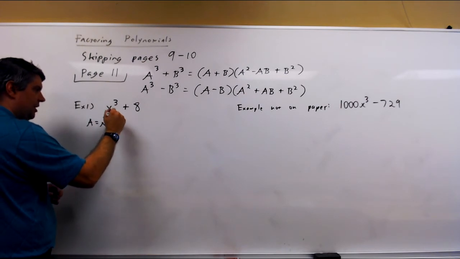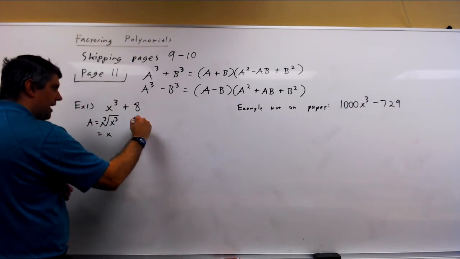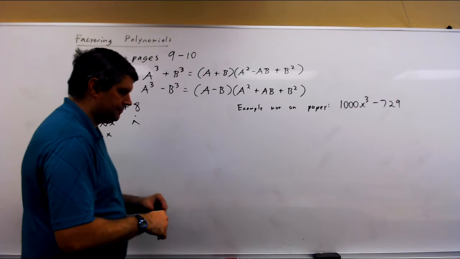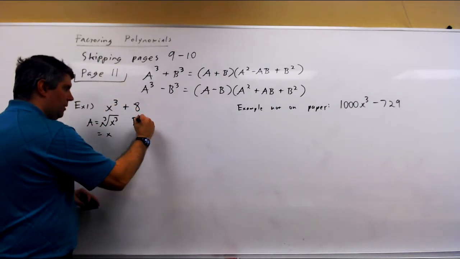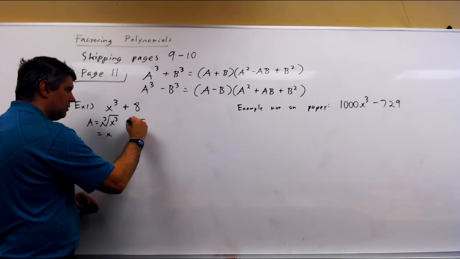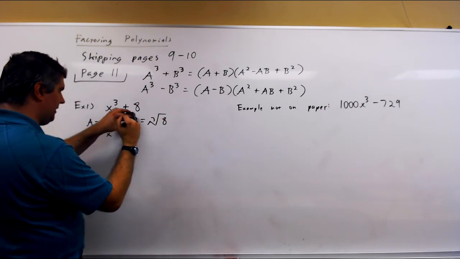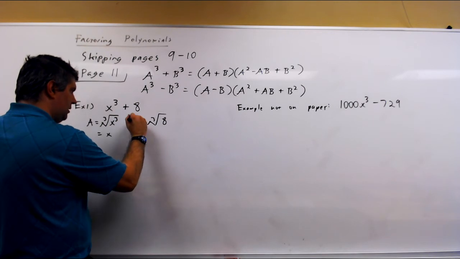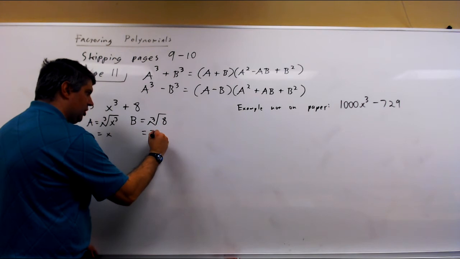If you can do that in your head, that's fine. You don't have to do this step. B would be the cube root of 8, and the cube root of 8 is 2.